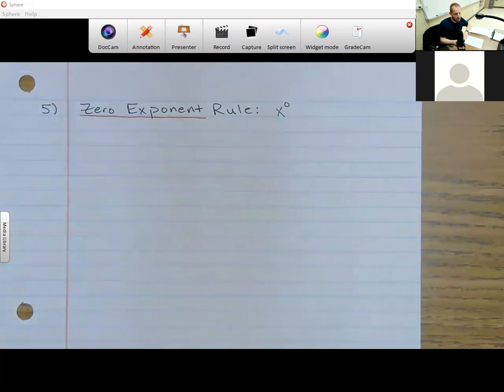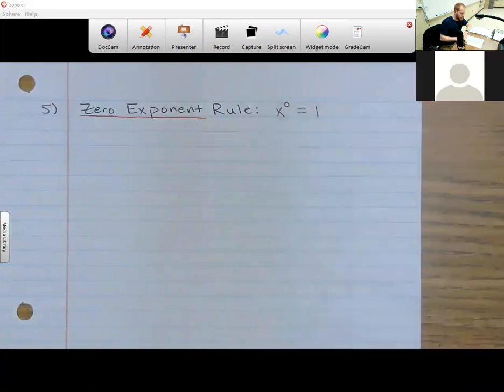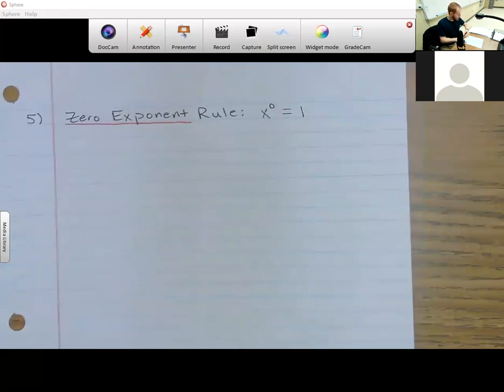Now, your exponent can be zero. And whenever you have something to the zero power, you're always going to get 1 in return. So you're always going to get 1. So in this sense, your answer is really simple. It's always going to be 1. But there is a catch, and we'll see that later. Okay?